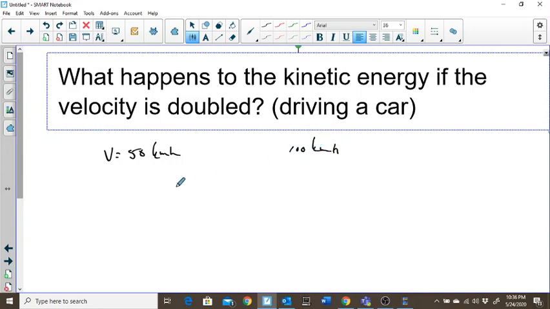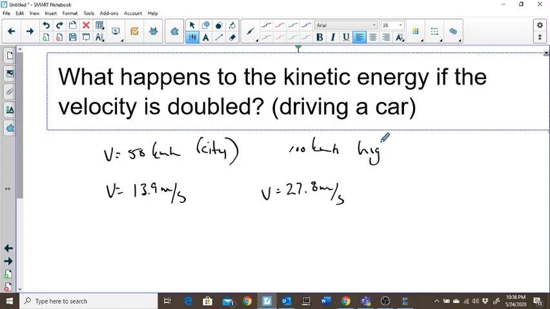Now, we can change 50 into meters per second, and that's equal to 13.9 meters per second. And 100 as meters per second is 27.8 meters per second. So these are the two velocities we want to deal with. 50 kilometers per hour, so that's city or town driving. 100 kilometers per hour, that's highway.